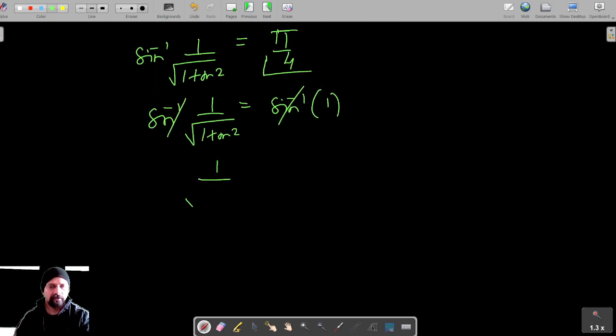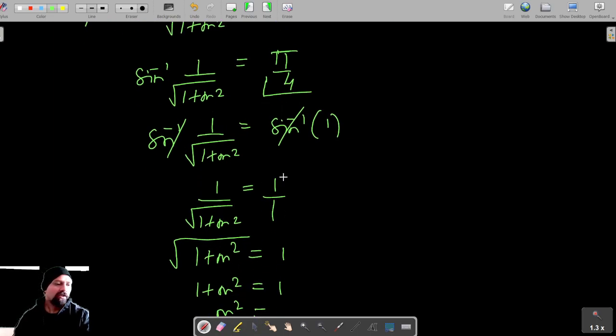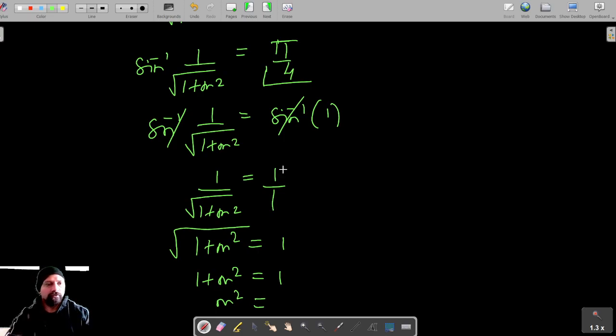So this is 1 upon under root of 1 plus m square equal to 1. If we square on both sides, this is 1 plus m square equal to 1. And m square is equal to, okay, let me check the values once again.